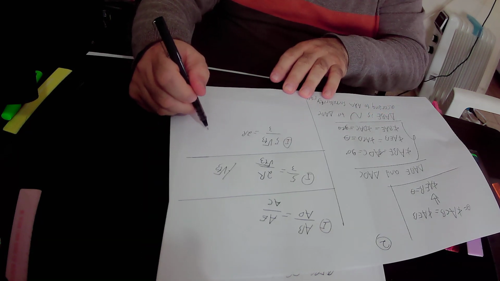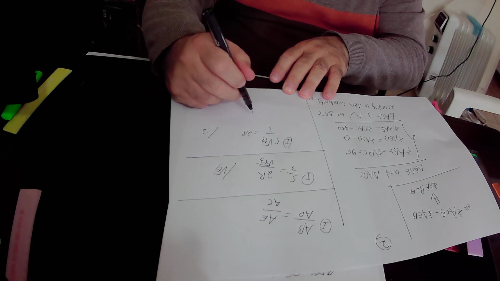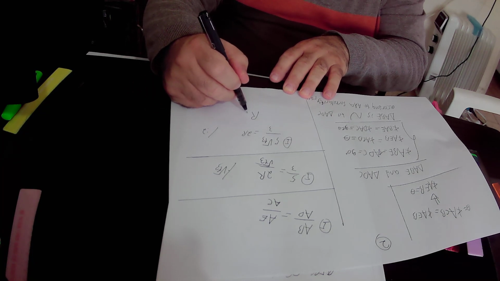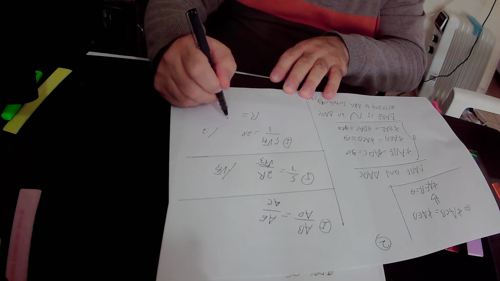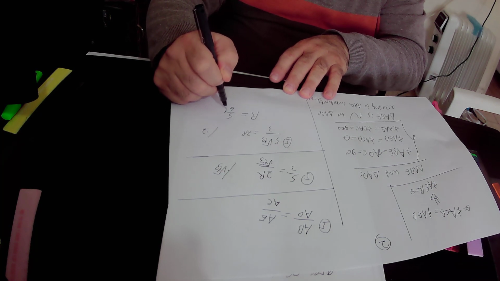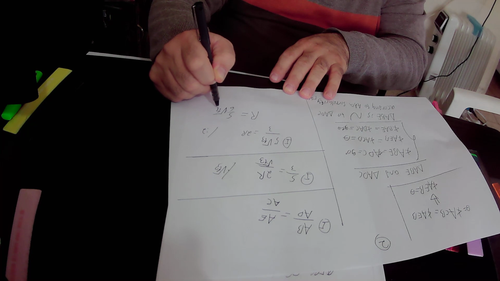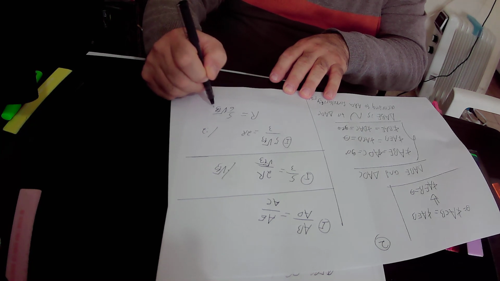We divide this equation number 1 by 2, and we get that the radius of the circle equals 5 over 6 times square root of 13 units.